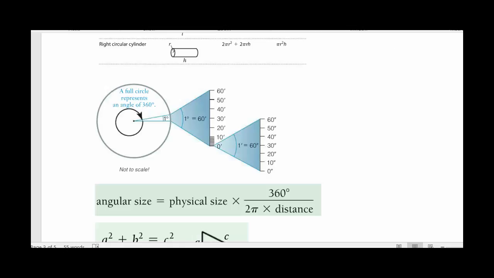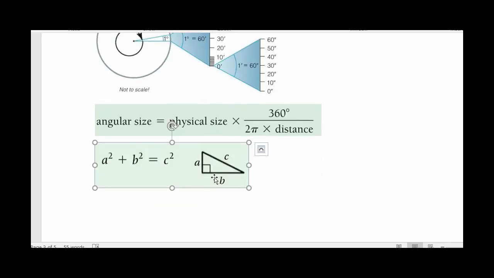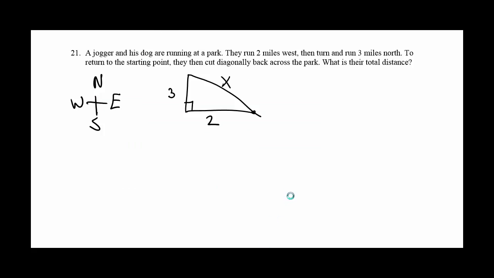So let me go to our formula chart here. I am trying to get you to think of the Pythagorean theorem. So a squared plus b squared equals c squared. Okay, so that's that diagonal length that they didn't tell me. So 2 squared plus 3 squared equals x squared. So let's multiply that. So 4 plus 9 equals x squared.